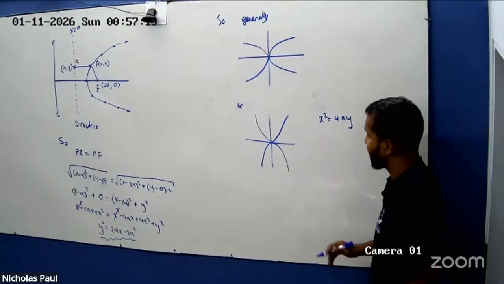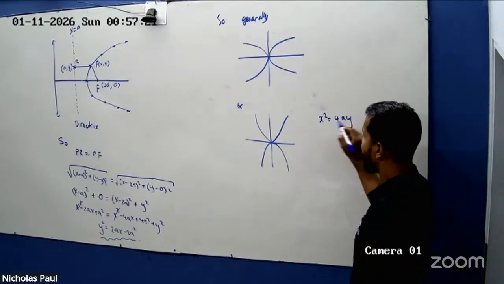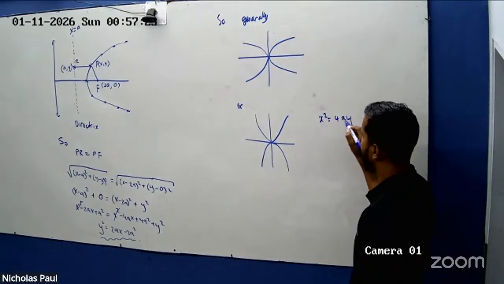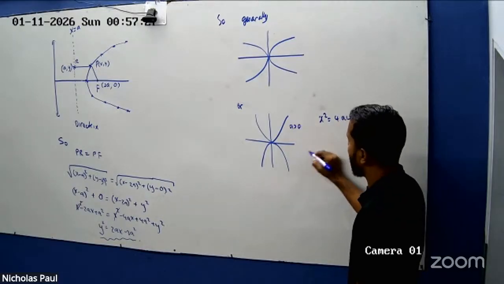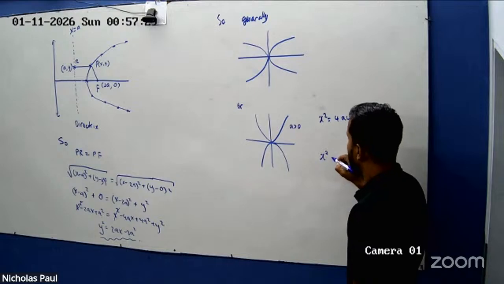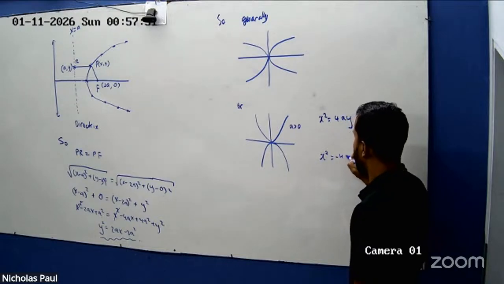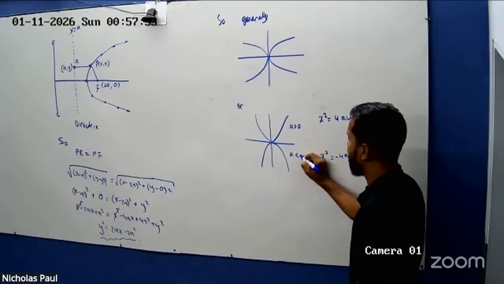Okay? And so you have two forms of it. x squared is 4ay, where a is more than 0, and x squared is minus 4ay if a is less than 0.